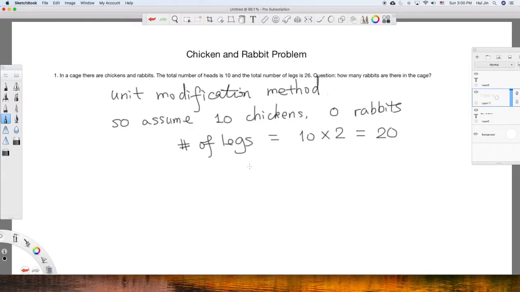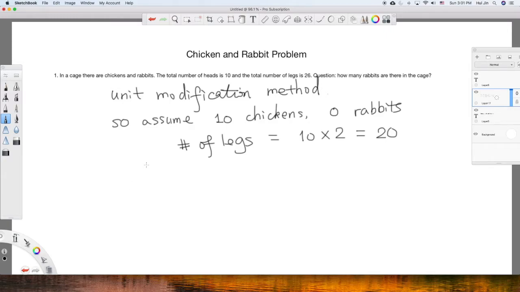And why are we missing legs? Of course, because there are some rabbits. So we need to replace some chickens by rabbits. Instead of trying to guess how many replacements there will be, let's just do it one step at a time.